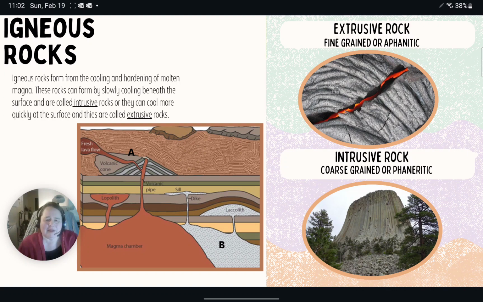The other type, intrusive, if you look down in B, see how it's cooled, but it hasn't quite reached the surface yet. And it's taken a long time to cool, so it forms crystals and it has a coarse grain or phaneritic texture to it. An example of that on the right is this batholith.